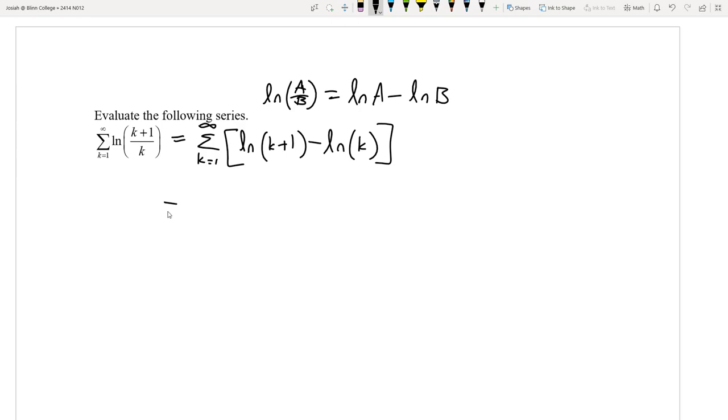So we'll go ahead and figure out S sub n. Plug in n plus 1 first. Natural log of, well, I guess I don't need the brackets this time.